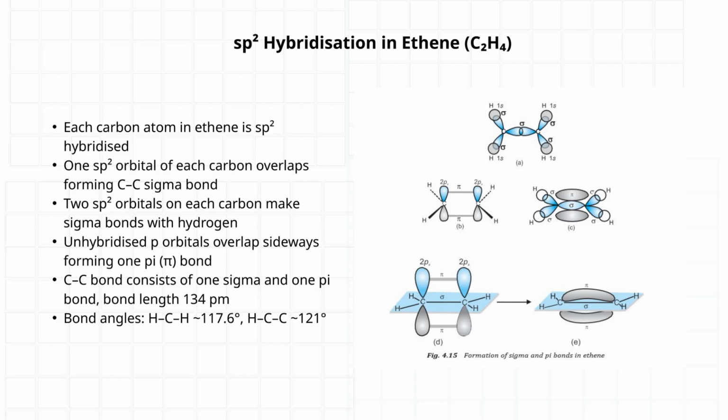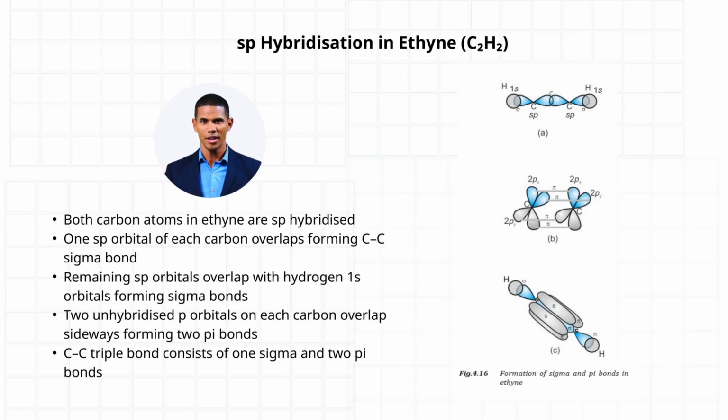Also, the bond angles slightly deviate from perfect trigonal planar, with HCH around 117.6 degrees and HCC approximately 121 degrees. Pause and reflect. How does the presence of the pi bond influence molecular shape and reactivity compared to a single bond?